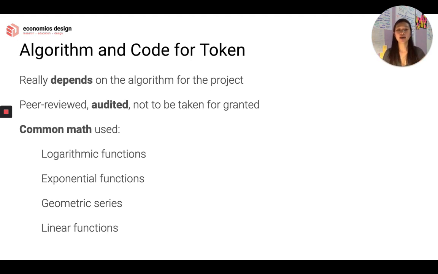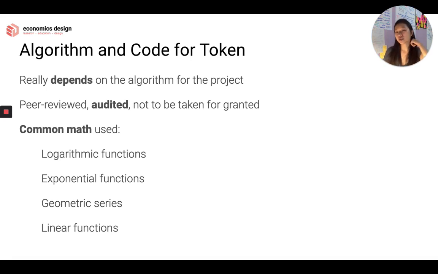So it really depends on the algorithm of the project. And something that's very helpful is usually when it's peer reviewed, when the code for the token, the token design or the engineering aspect of the token, is being audited and things are not taken for granted.